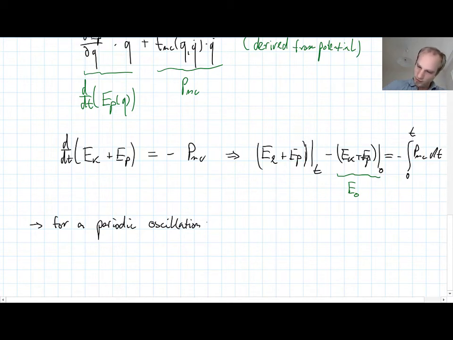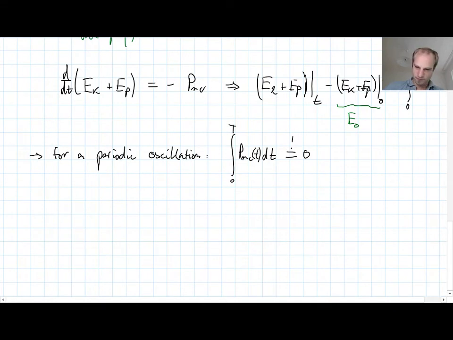So for a periodic oscillation, if we integrate the non-conservative power, let's write T also in the argument, over the period T, it must vanish.